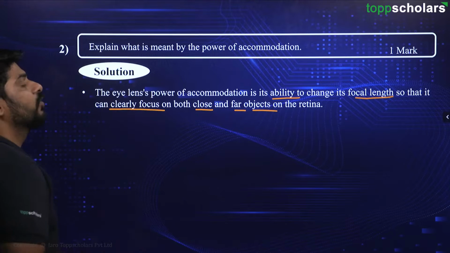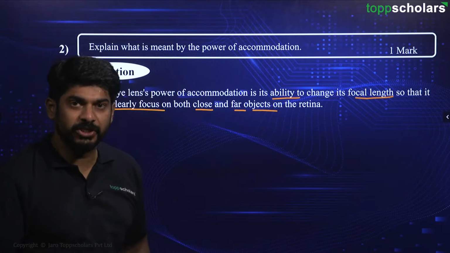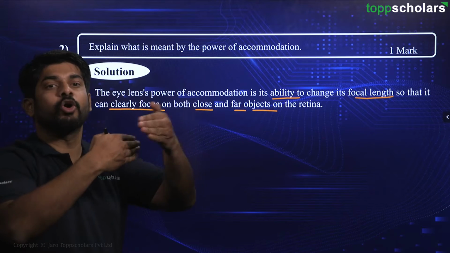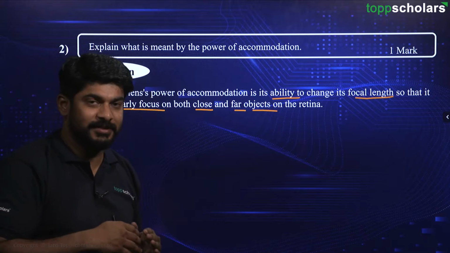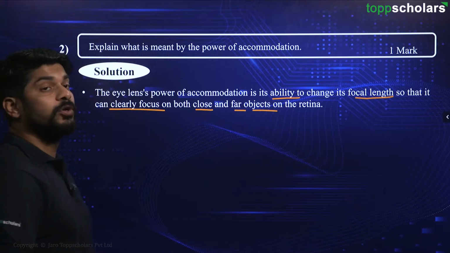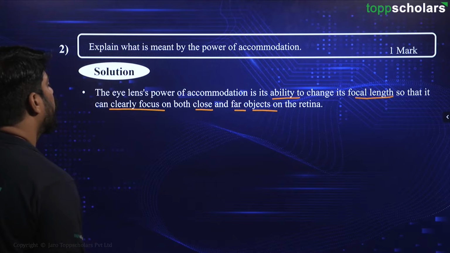That means how much it can accommodate, how far it can see and how close it can see. This is what we mean by power of accommodation.